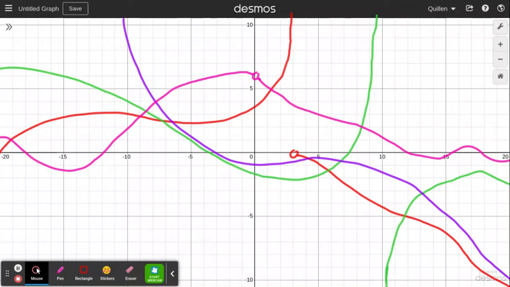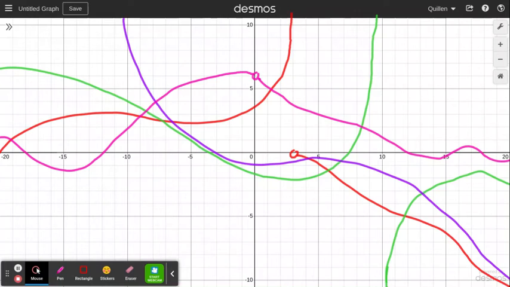Okay, I hope that you paused to think about it and that you found that the best estimation is that the limit on the right-hand side as this green graph approaches 10 is negative infinity, because tracing from the positive side towards the negative side, you approach 10 and the graph seems to just be going down and down and down forever. You don't ever see what it equals at 10 from that side, so you can't use that to inform your decision. It's the exact same logic that we used for the left-hand limit.